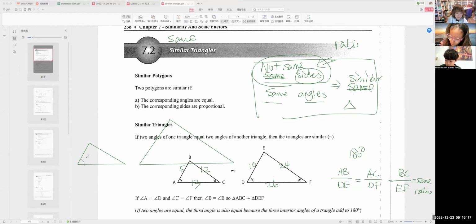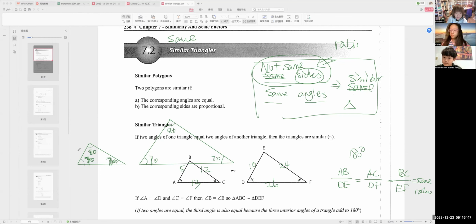So this is 30, this is 80, and this is 70. I'm sorry, this is 70, this is 30. It doesn't have to be precisely right, but you cannot make everything wrong. So 70 and 30, and for this one, it should be 80, 70, and 30 as well, in order to make them similar.